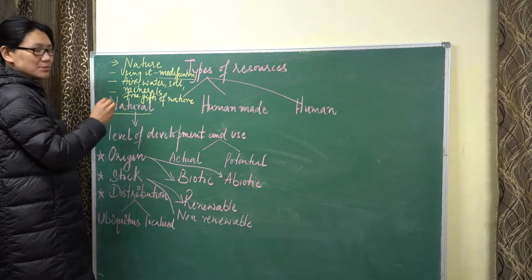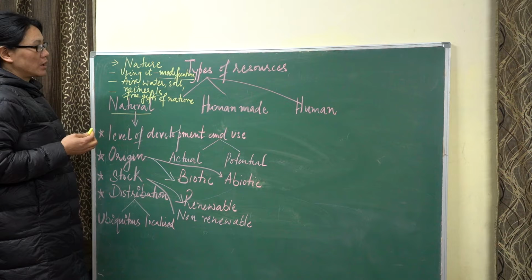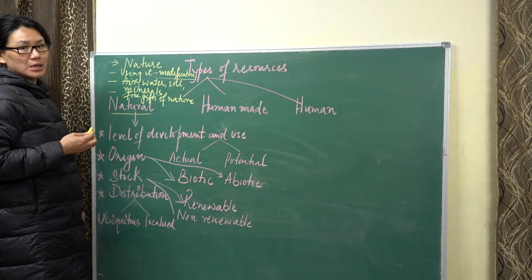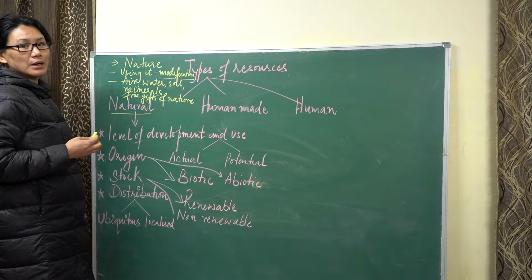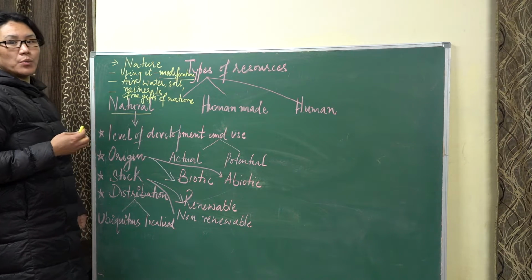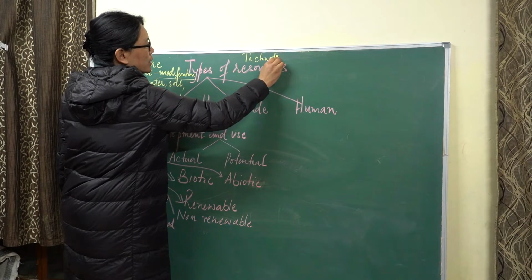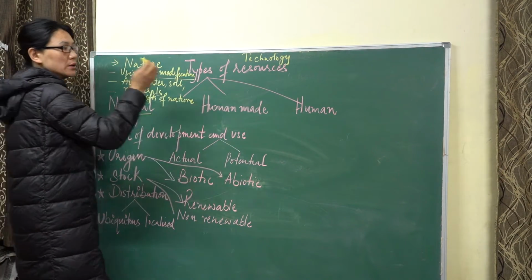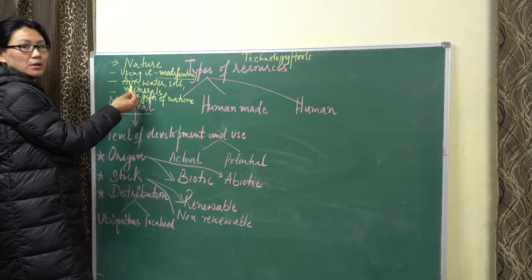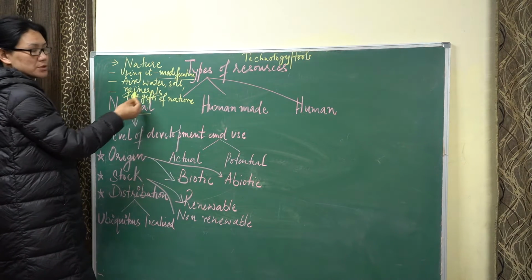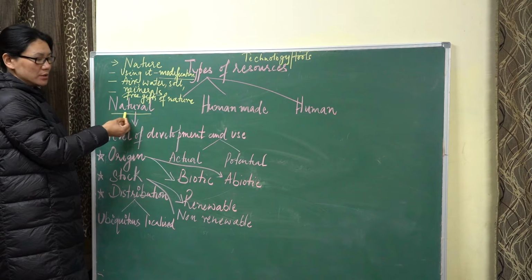Now, sometimes the resources that we get from nature, if we want to use it properly or in the best manner, then we require technology here. We require technology, or we can use certain tools to make proper and better utilization of such resources. So these are called natural resources.